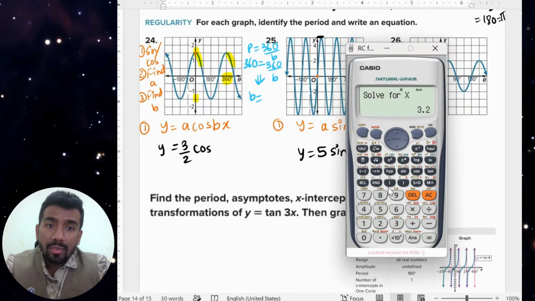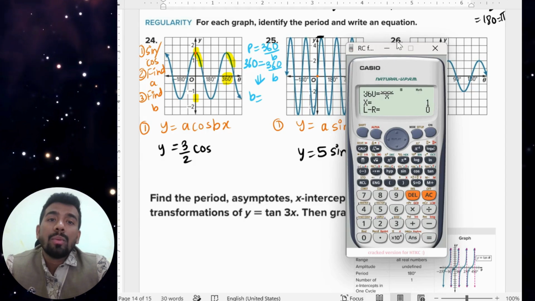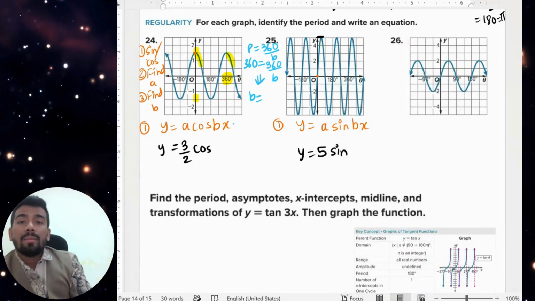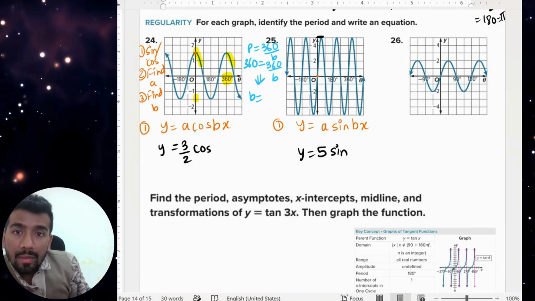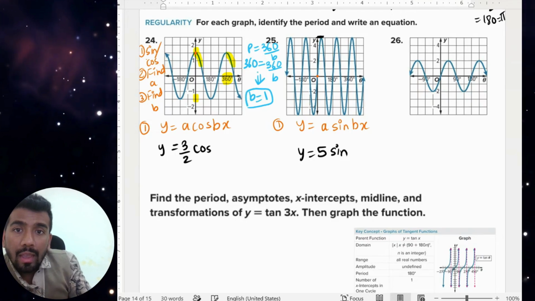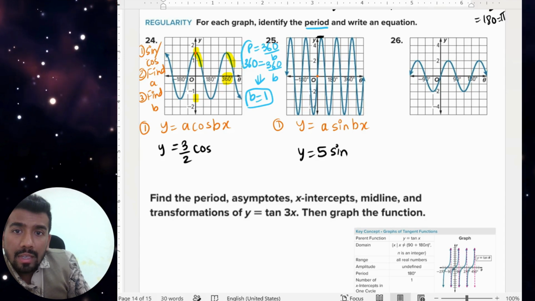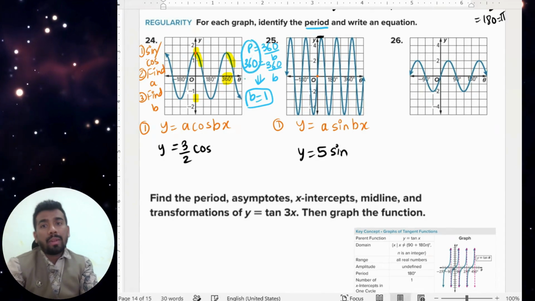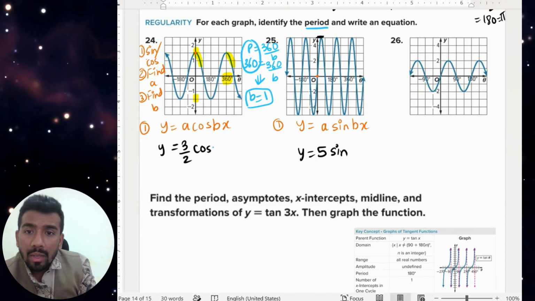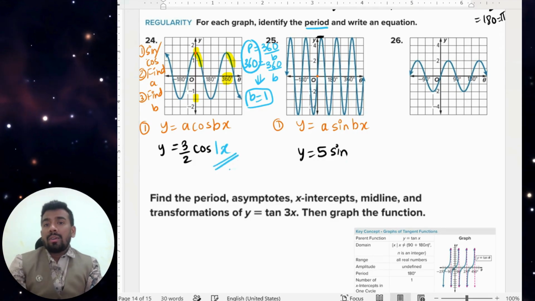Shift solve. What do you get? 1. So what's the x? 1. So your B is 1. Okay, and also I think they also want the period. So what's the period? 360. If they want it separately, you can write period 360 and B is 1. Put the 1 here, 1x. Okay, so that's your function over here.